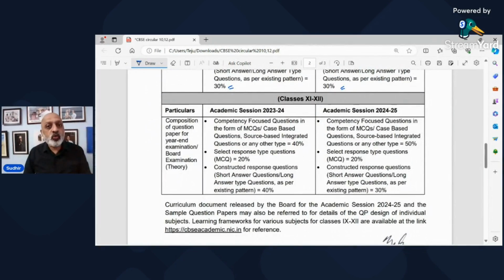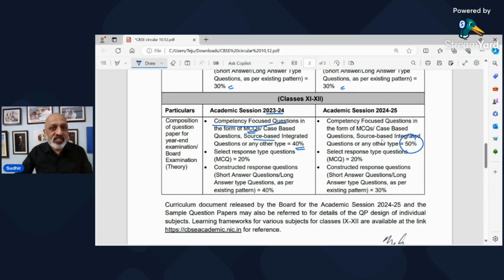Class 11 and 12 is where the change is taking place, especially with regard to the board examination. Now, last year in 23-24, you had 40% of the paper dealing with competency focused questions, which could be in the form of MCQs, case-based questions, source-based questions. That all was 40%. That has now been increased to 50% from the board examination of 2025. So please pay attention, class 12 students, and of course also class 11 students.